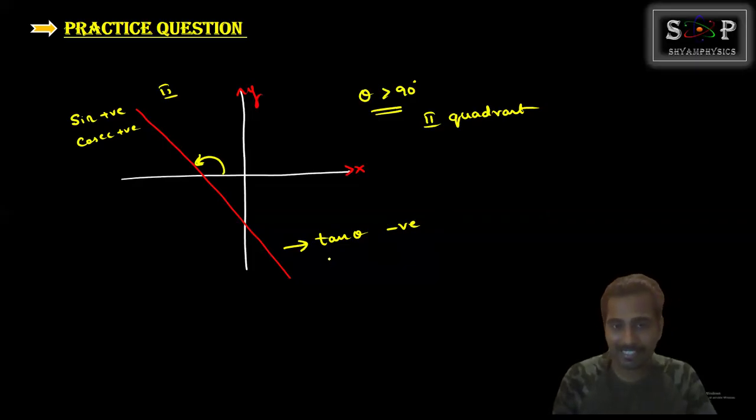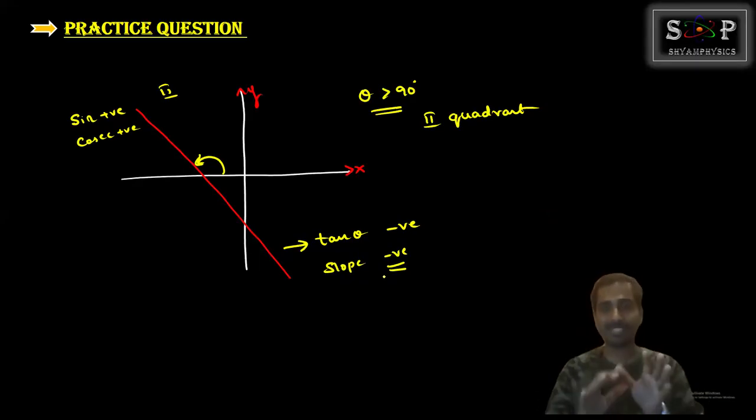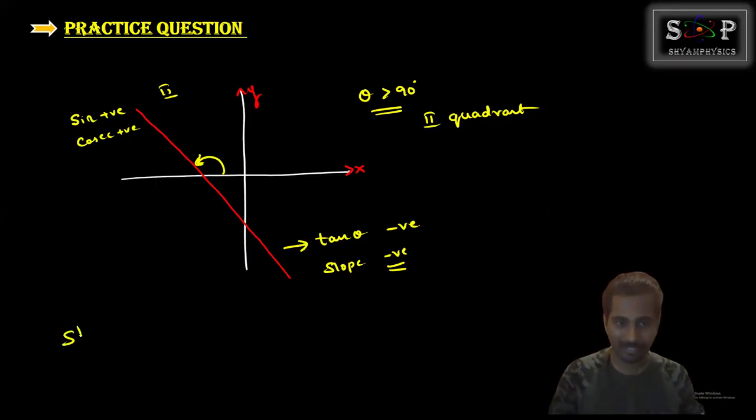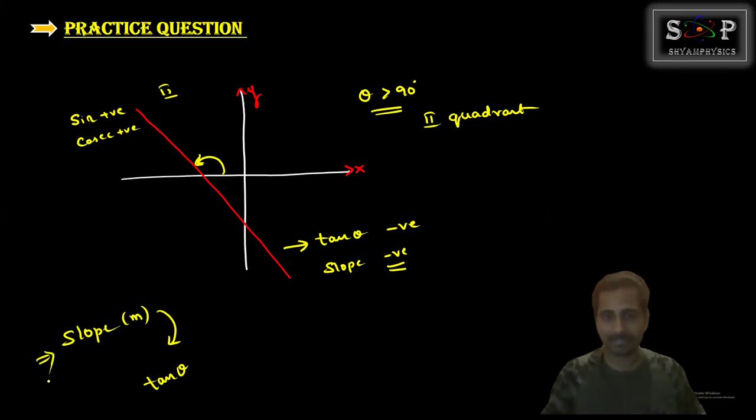If tan theta is negative, the slope is also negative. Hope you understand the nature of slope. Slope is represented by m. Finally, slope is nothing but m. Slope is the measure of tan theta. Simple. Done and dusted. Clear?